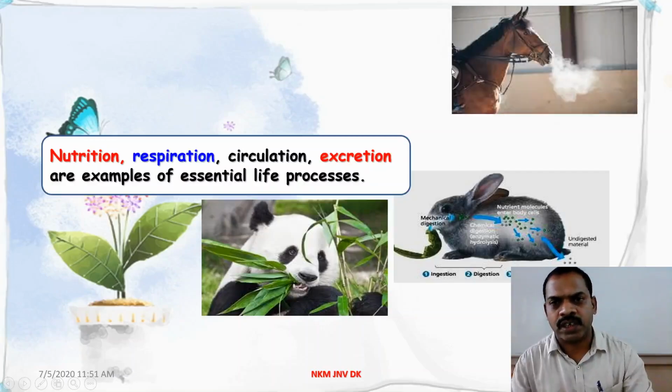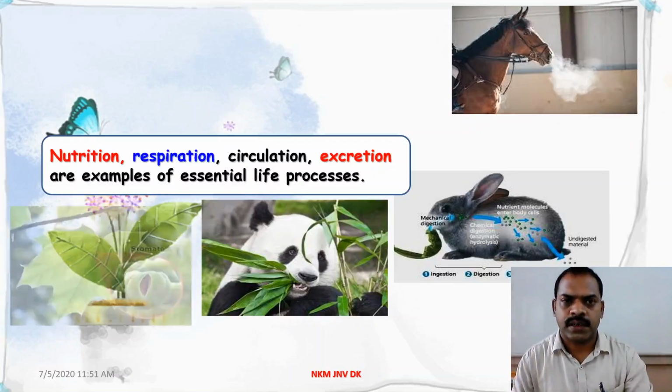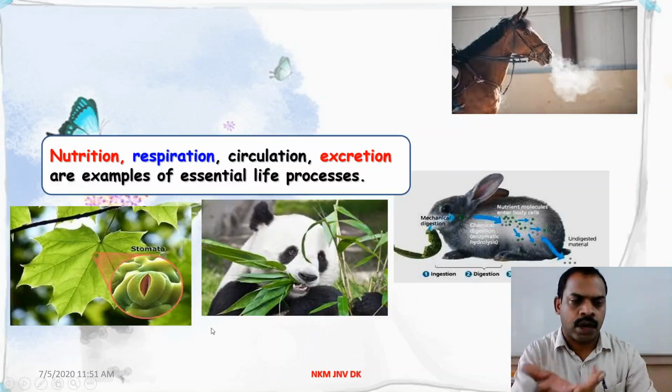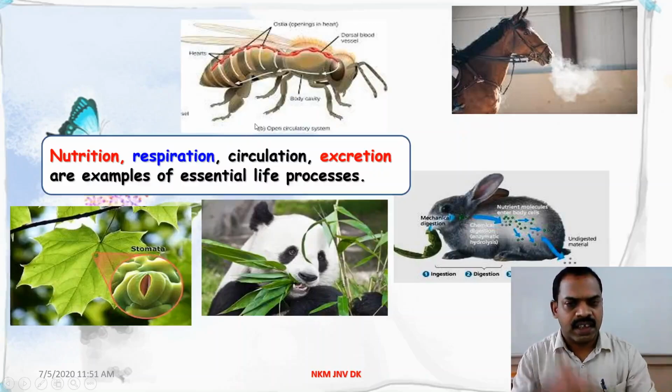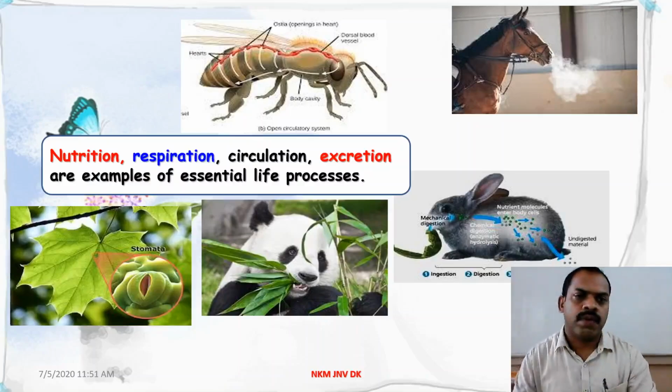The horse does breathing, which is a part of respiration. The respiratory or photosynthesizing organ of the plant, the stomata, is required to exchange gases. Circulation, you are seeing in this bee's image. So these are all the various types of life processes.